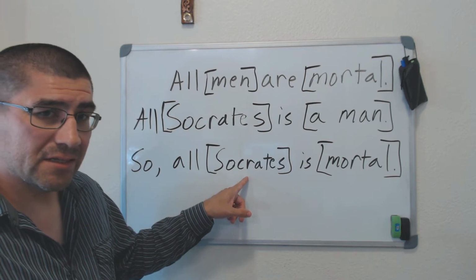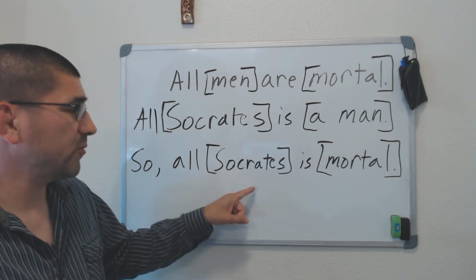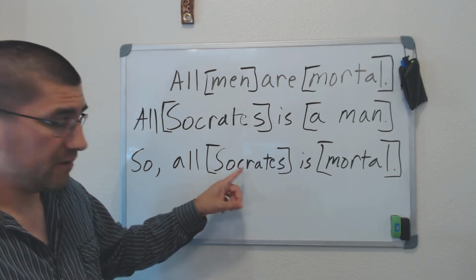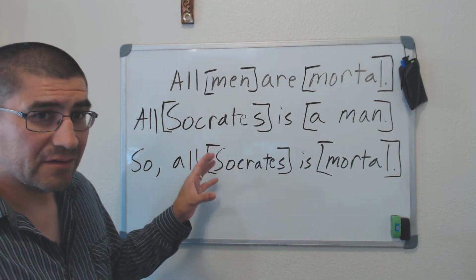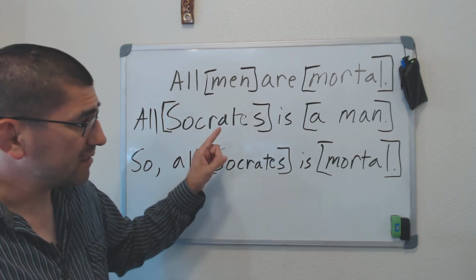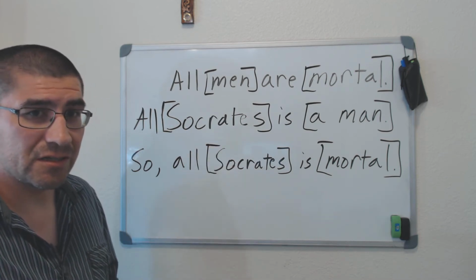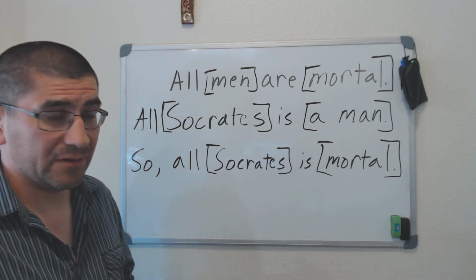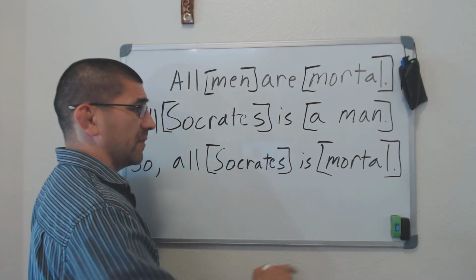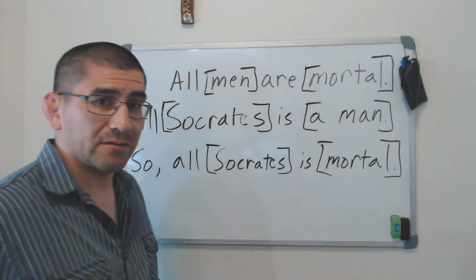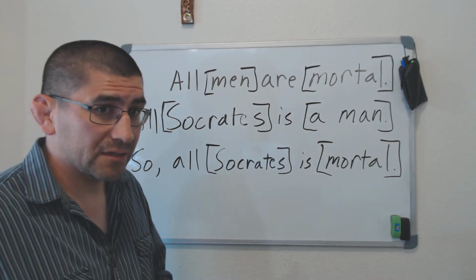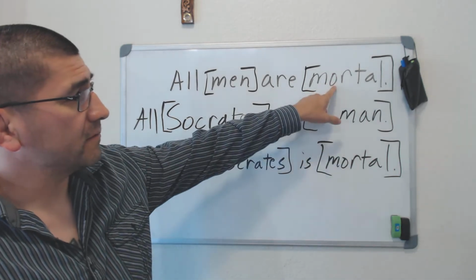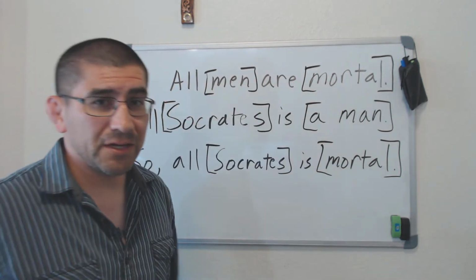If Socrates is the subject term, then wherever I find Socrates is going to be the minor premise, because the subject term of the conclusion is also known as the minor term. And the predicate term of the conclusion is the major term. So wherever I find mortal, up here, that's going to be the major premise.